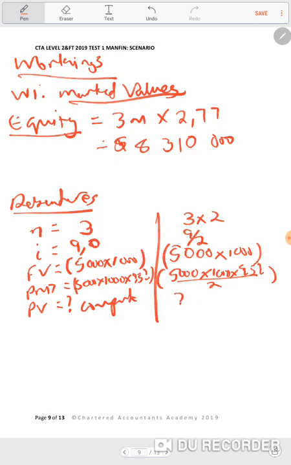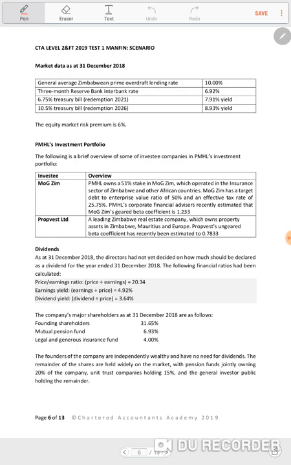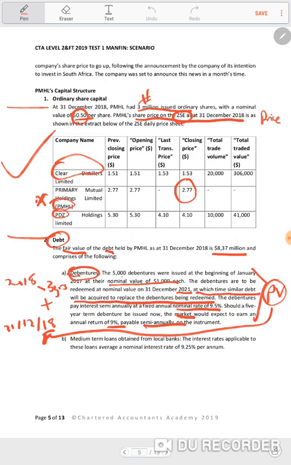Then once you get your PV, for me I got 5,064,473. So what do we do with this PV? It's an input to our table here, 5064. But then we have another source of debt, because our debt is treated as A and B. So we have medium-term loans, and we're told the fair value of the debt.